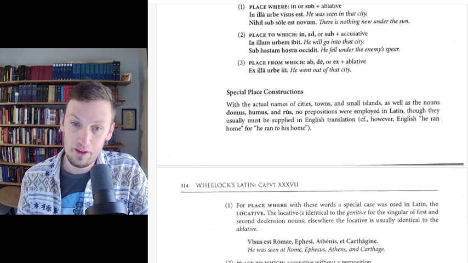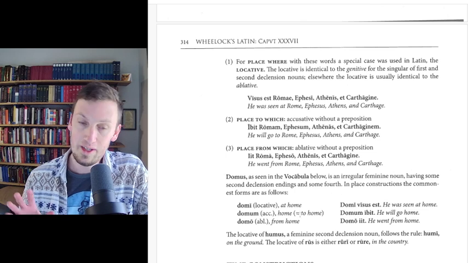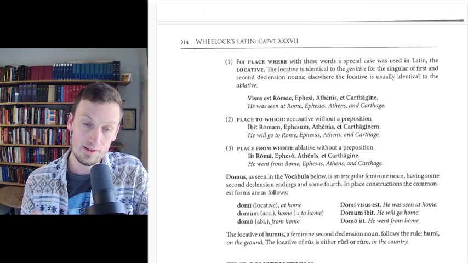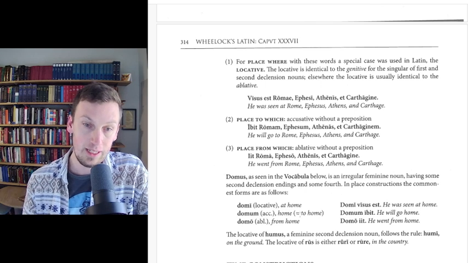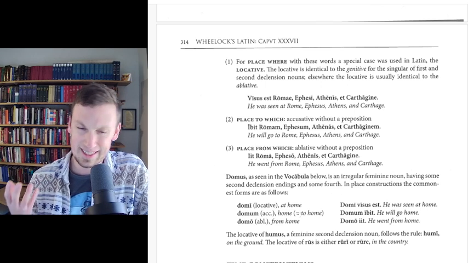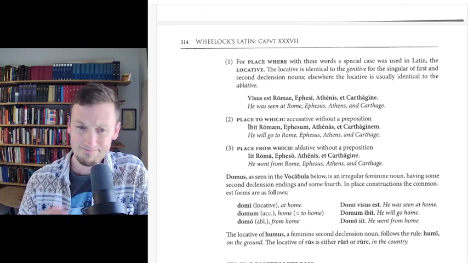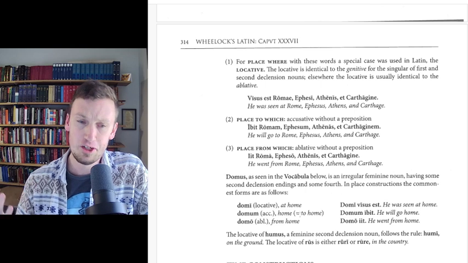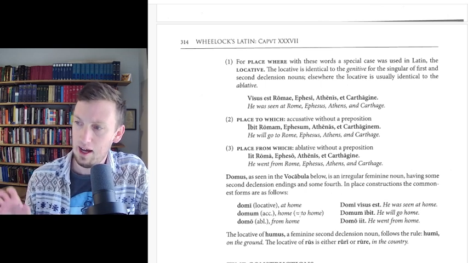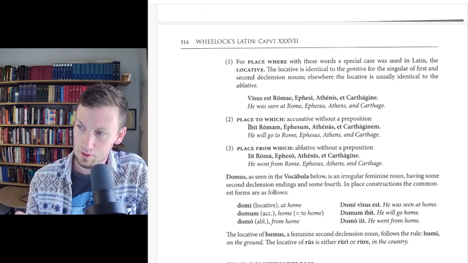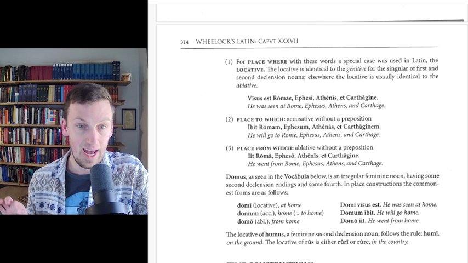And then they introduce what they call special constructions. Here we see that a few words are determined not by what declension they are, but rather by their meaning. So words for cities and states and islands and larger divisions of place, so provinces sometimes, will use a distinctive locative form as distinct from the ablative.